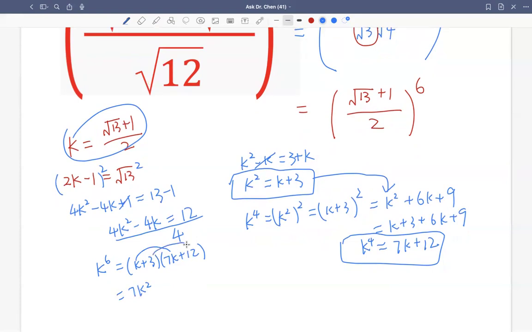Multiply 3 with 12, we get 36. Then 3 times 7k, 21k. K times 12, 12k. Combine like terms, we get 7k squared plus 21k plus 12k, 33k, then plus 36.